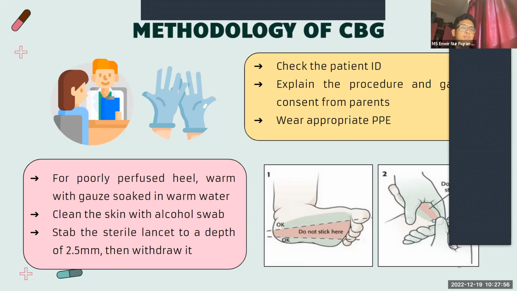For a poorly perfused heel, we must warm it with gauze in warm water to promote blood flow to the area. Next, clean the skin with an alcohol swab to sterilize the area and puncture with a sterilized lancet to a depth of 2.5 millimeters or less. Then we withdraw the blood from the site.